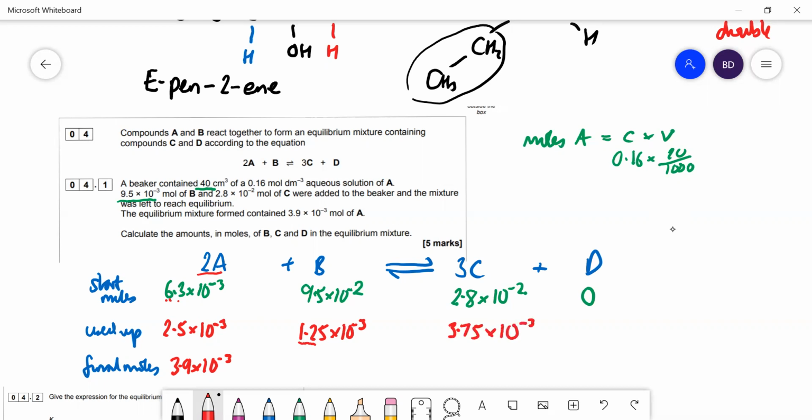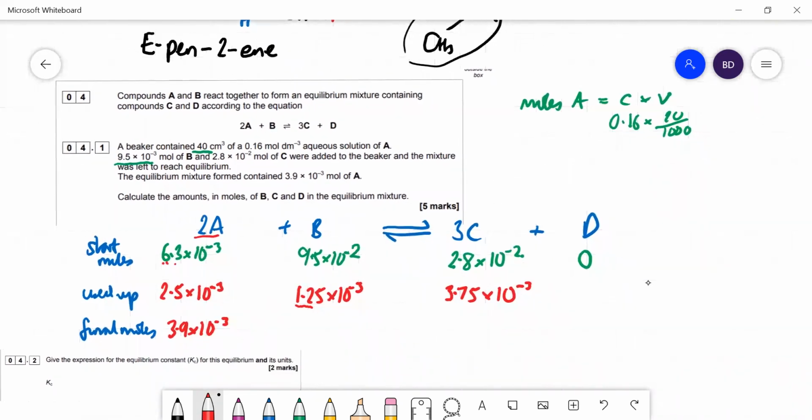Okay, so first of all, with B, we've got to subtract 1.25 from 9.5. So the amount of B left over is 8.25 times 10 to the minus 3. And the amount of C, we've got to add these two together. It's a bit unusual, this question.